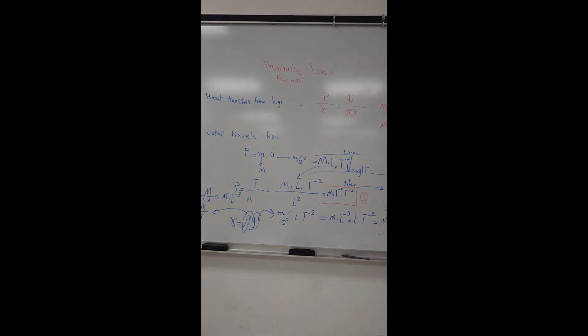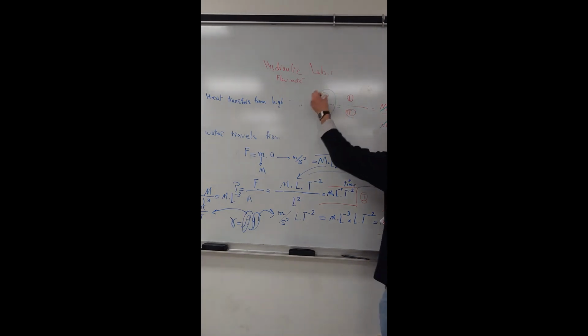If we look at this, M cancels out with this M, T to the negative 2 cancels out with this T to the negative 2, and we are left with L to the negative 1 in the denominator, which comes up and we are left with the dimension of L. So P over gamma is in the unit of length.